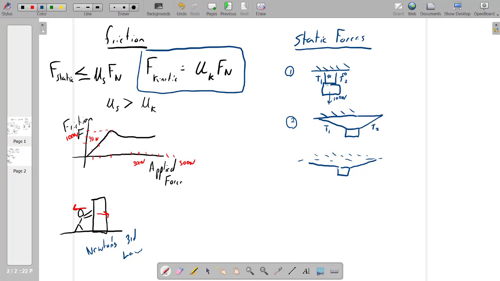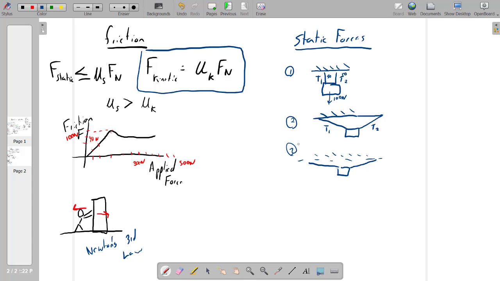Like right here it's splitting it, but here it takes a lot of force in order to keep these guys stationary. And we haven't proven it yet.